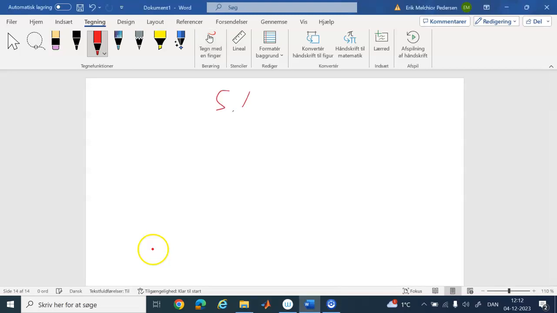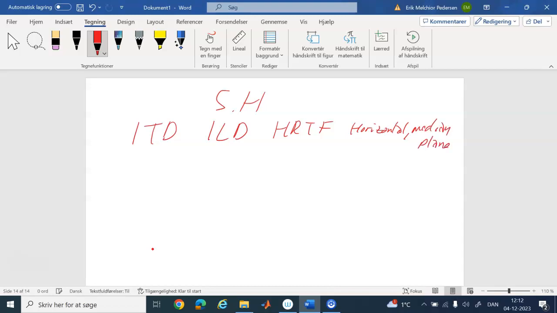Spatial hearing. I will talk about interaural time difference, interaural level difference, head-related transfer functions, horizontal versus median plane, localization, distance, maybe BMLD, binaural masking level difference.